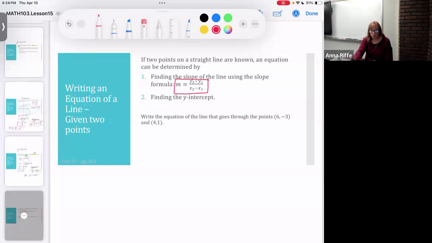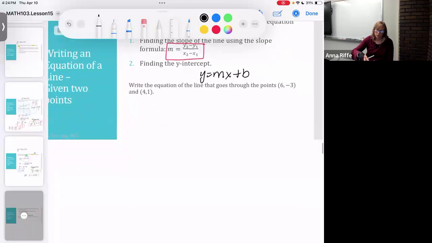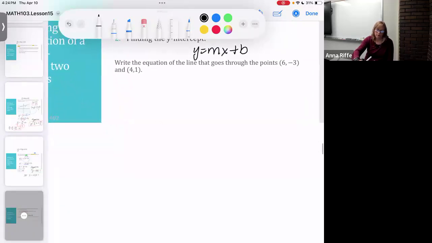Once we have the slope, we have at that point a slope and 2 points on a line, so we can go back to what we just did prior to this on that very last slide, and we can use the y equals mx plus b form to find the y-intercept. So this one requires one additional step to what we did above. So let's do an example or two of that.